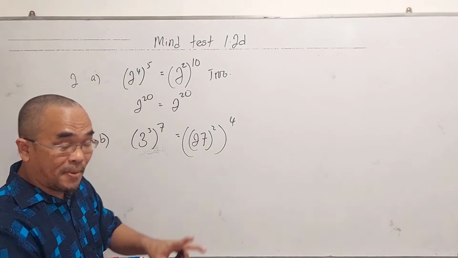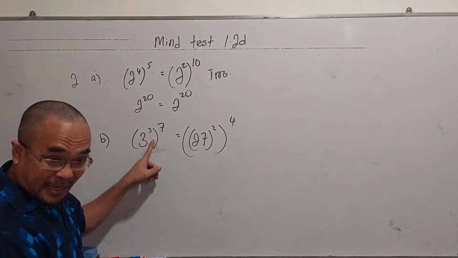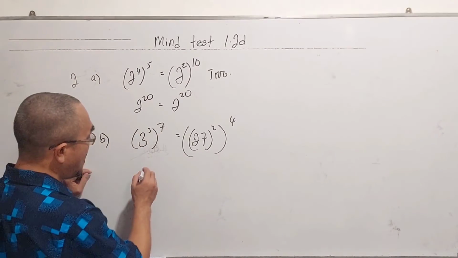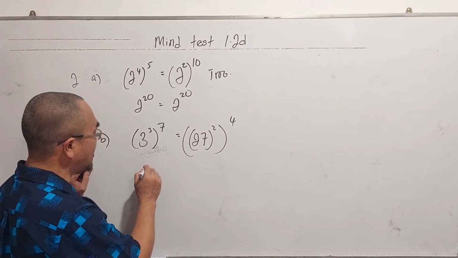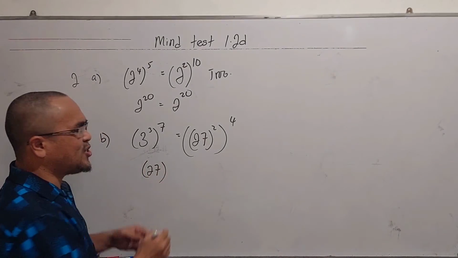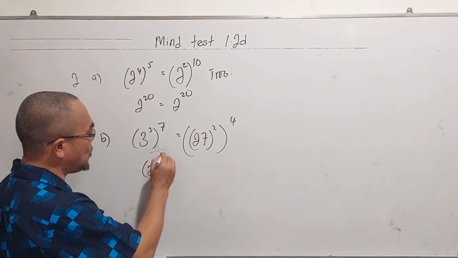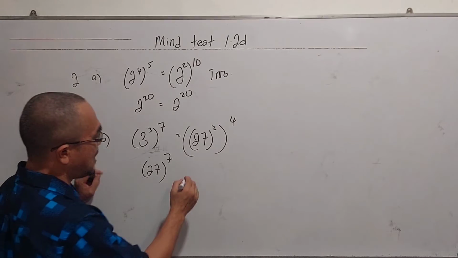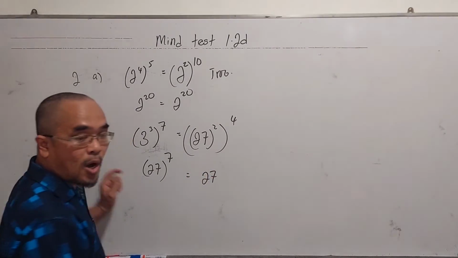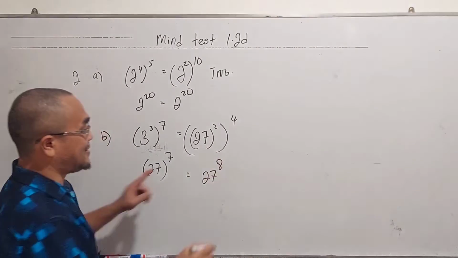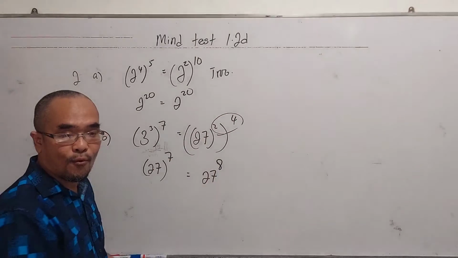We have to compare with the base. Alright, so now the 3 power of 3 is 27. So I will change this to base of 27. Actually, you can change to whichever you want. Okay, so this is 27 to the power of 7. This is 27 to the power of 8 because 2 times 4.